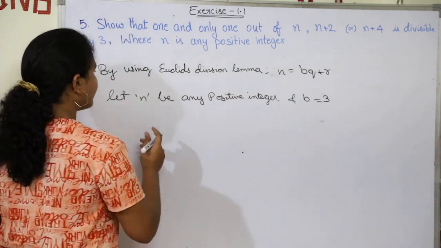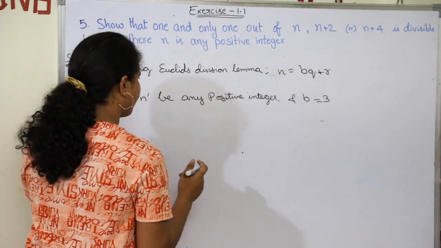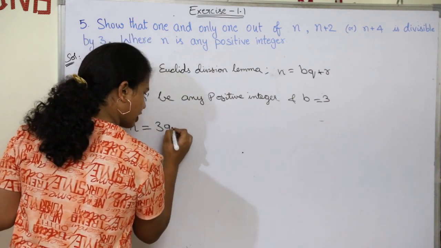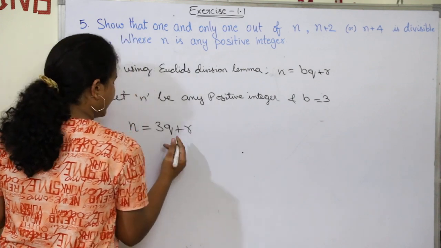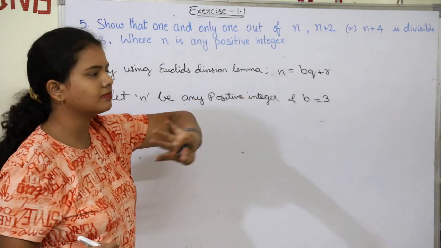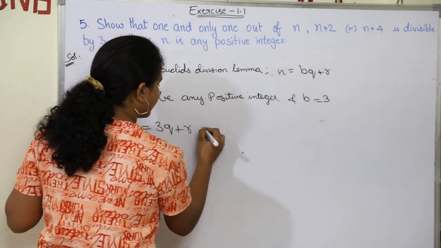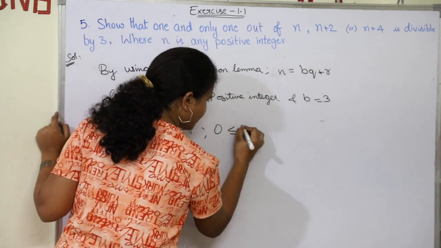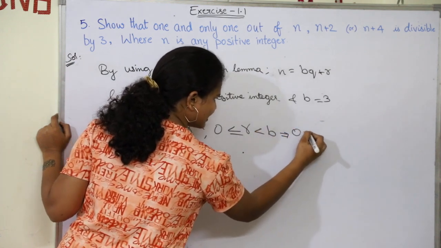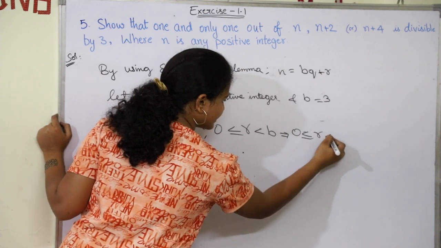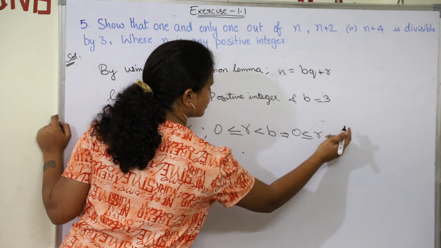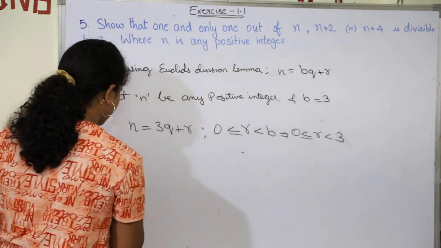Now, as we know, n equals bq plus r, so with b equal to 3, n equals 3q plus r. Euclid's division lemma is in the form n equals bq plus r, where 0 is less than or equal to r less than b, and b is 3, so r is less than 3.